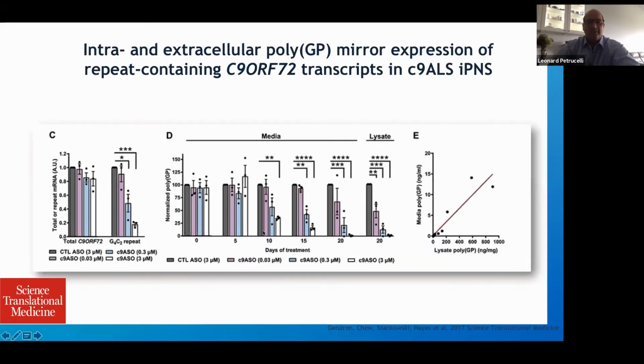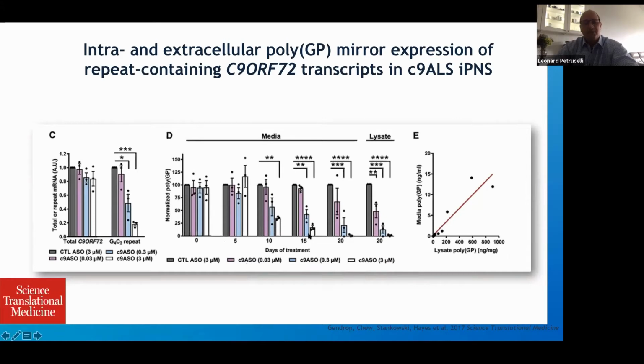We did show in iPS neurons in collaboration with Dr. Jeff Rothstein from Johns Hopkins University that not only you can detect it in the media and in the lysate, but in this time course experiment in which we are collecting media following treatment at the respective concentrations of ASO, that you can readily detect a significant decrease in the poly-GP, with 50% remaining around days 10 to 15.